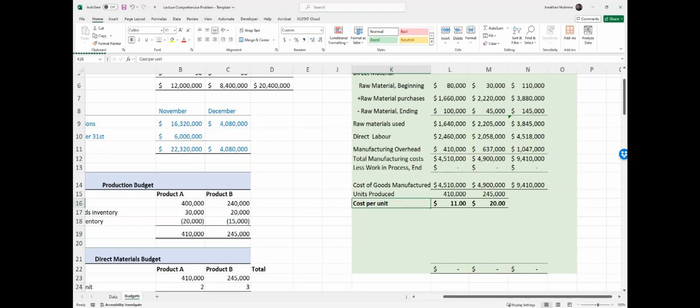Alright, so once we have that, then we will figure out our cost of goods sold. Our cost of goods sold will be straightforward. How many units did we have at the beginning? What was the cost of goods manufactured?